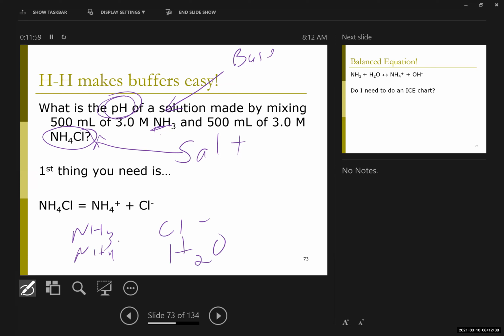And so, again, my tell here is really that I have both of the conjugate pair initially. So it's a buffer.